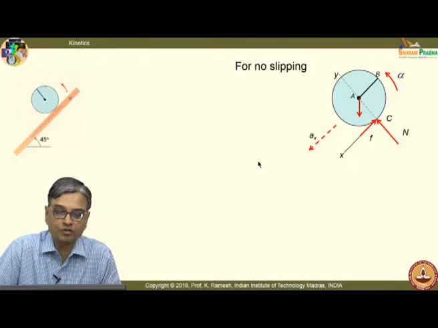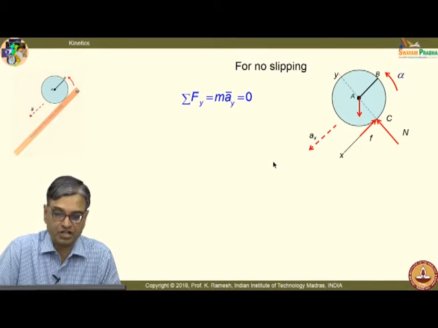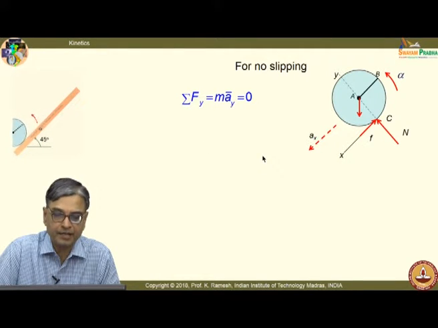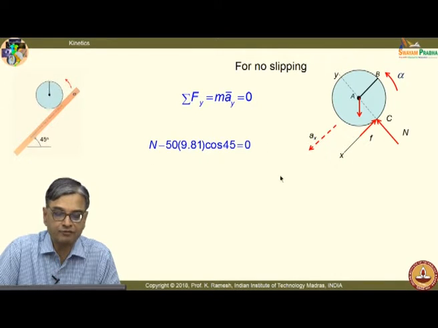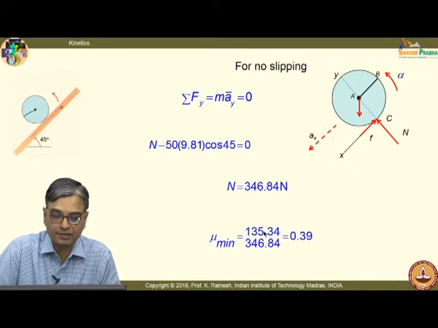See, the question also asks what is the minimum value of coefficient of friction that you need to have. I can also write the other equation sigma F y equal to m a bar y, that is equal to 0. So, that gives me the value of normal force, and I know the value of frictional force that is required.